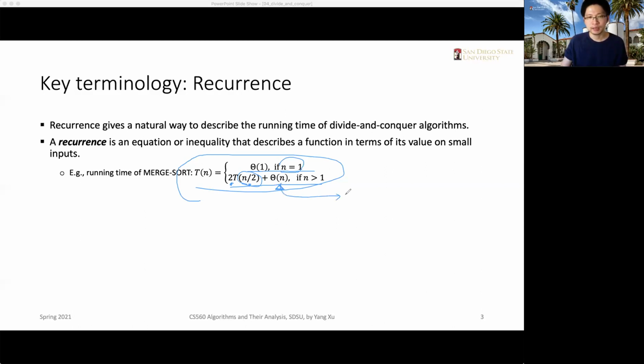But if we want to analyze in detail, we also need to analyze the cost for divide and the cost for combine. But since it's merge sort, the cost for dividing is really irrelevant compared to the cost for combining. So anyway, we have this recurrence in two equations to describe the running time for merge sort.